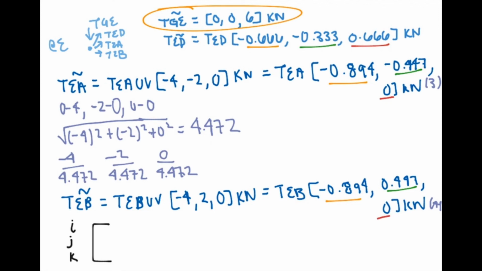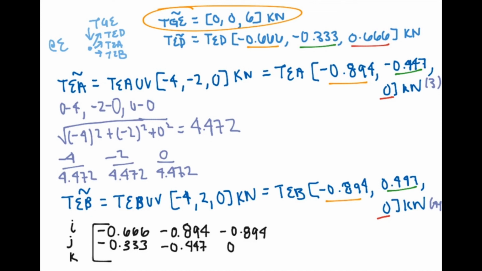So now we can write everything out. We'll start with minus 0.666, and then we'll do negative 0.894, and finally another negative 0.894. Then we'll move into negative 0.333, a 0.447. This one's going to be negative, and this one is going to be positive.